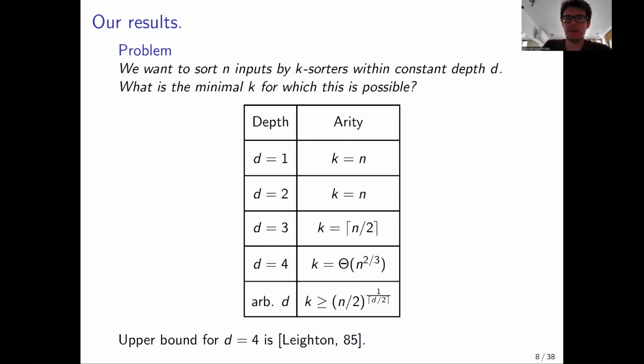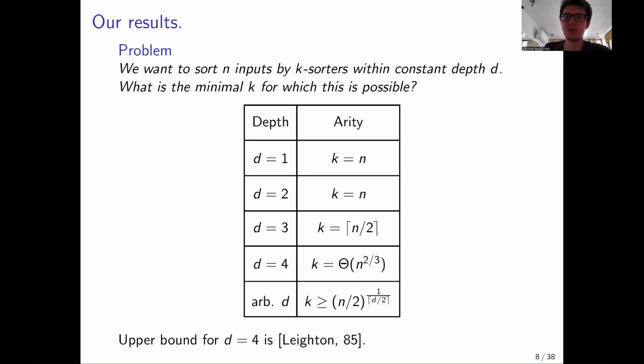With regard to possible recursive constructions, all these results are negative. Let's see why. At least for d equals 3, we see that k is linear in n, and in order to obtain something reasonable from a recursive construction, k had to be something like n to the alpha for some alpha smaller than 1.